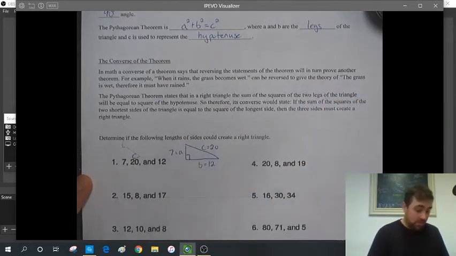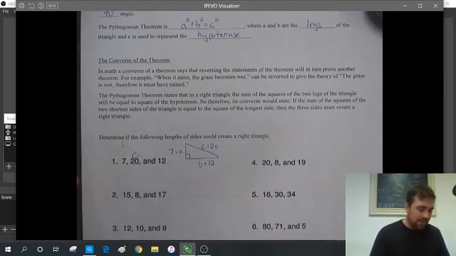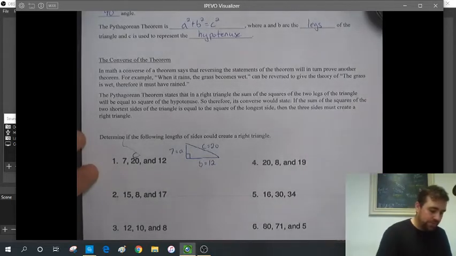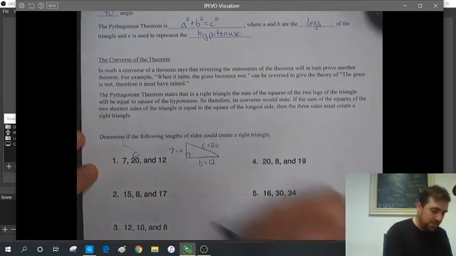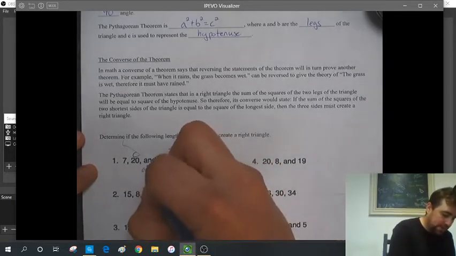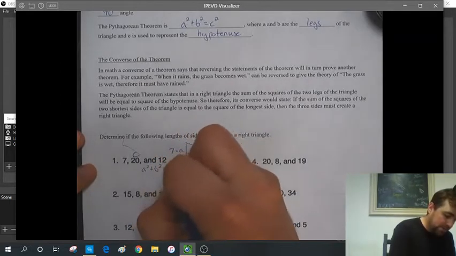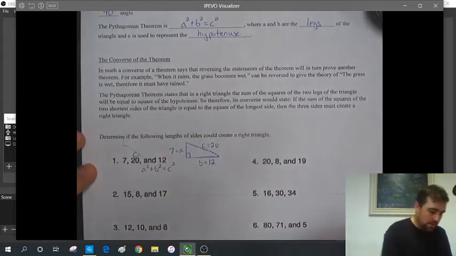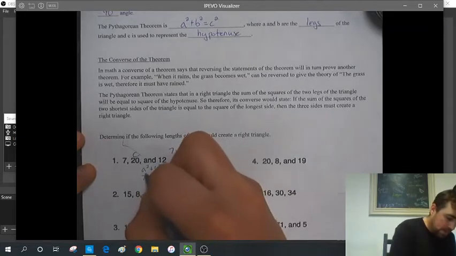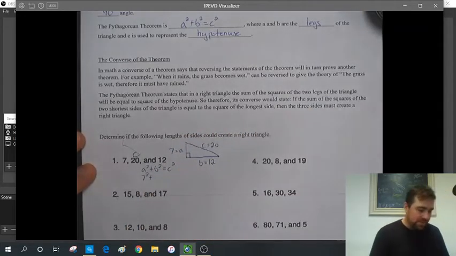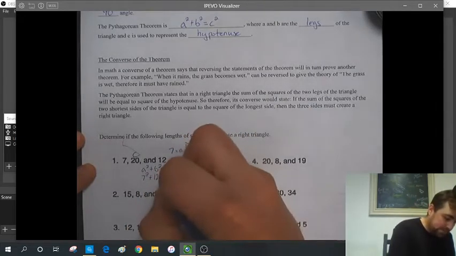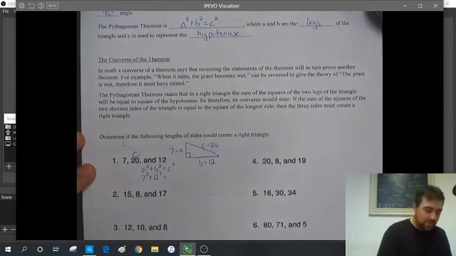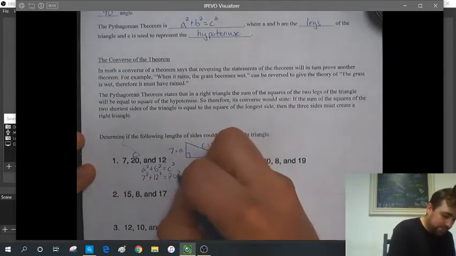And so if this were to make a right triangle, this would have to be the setup. So to test to see if it would actually hold true, we're going to substitute again into the Pythagorean theorem, which again is our a squared plus b squared equals c squared, where for this triangle it would be 7 squared plus 12 squared that would have to be equal to 20 squared.